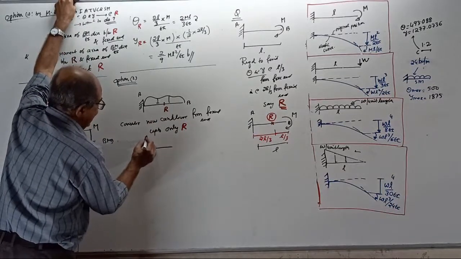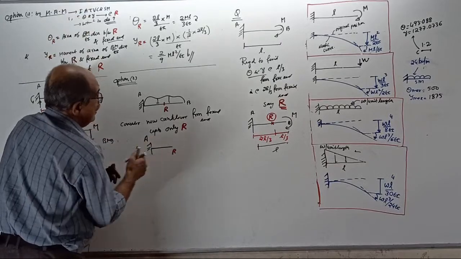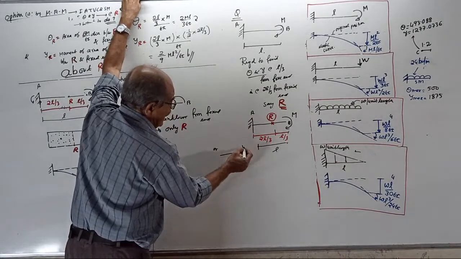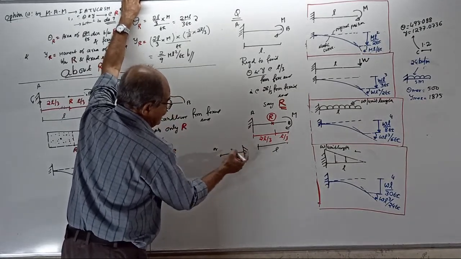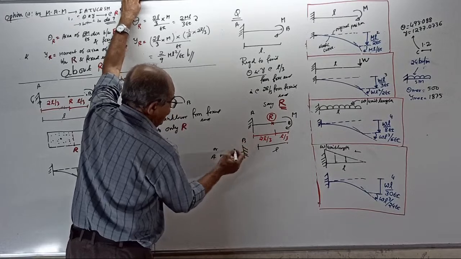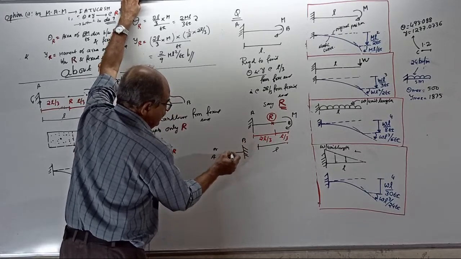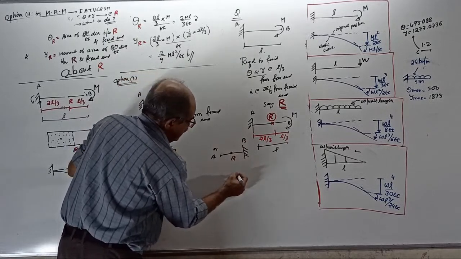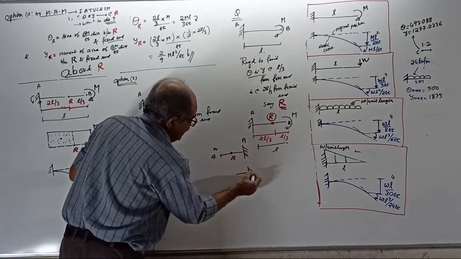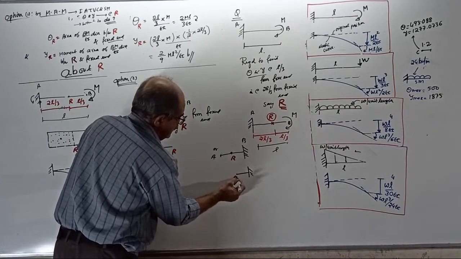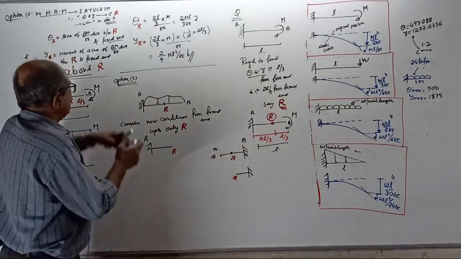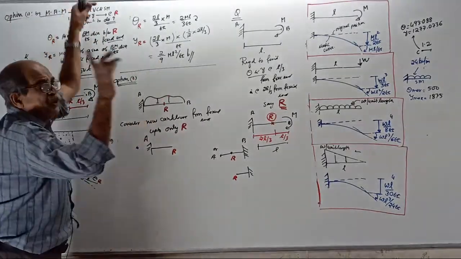This is A, this is R. Make a note: if the cantilever is like this, A and B, and the point is here, R, then you consider only this cantilever up to R. Clear? You consider the cantilever from the fixed end only up to R.